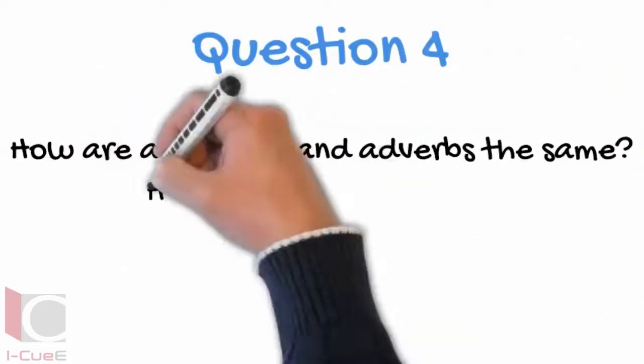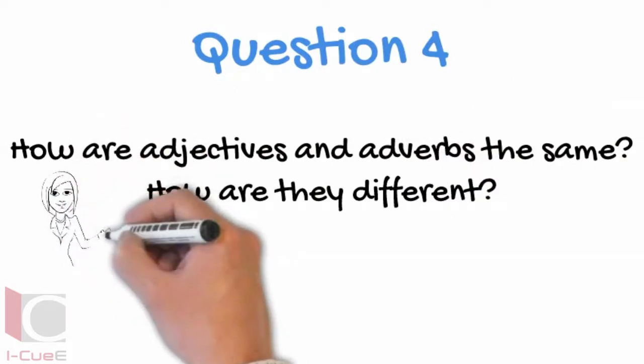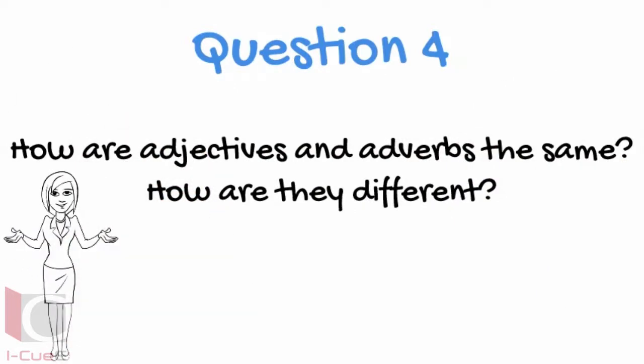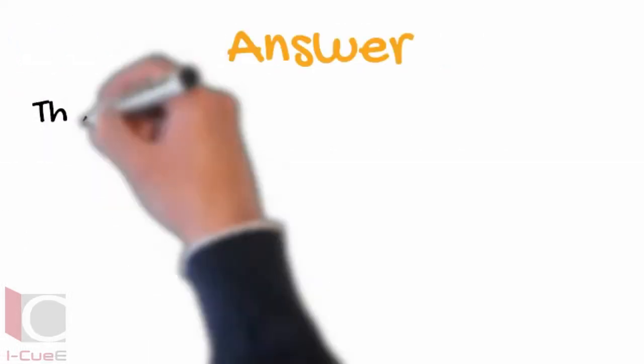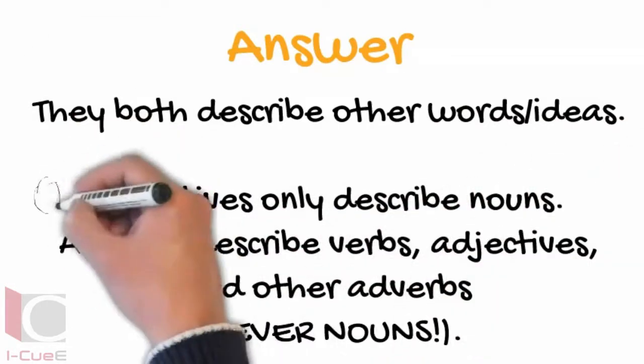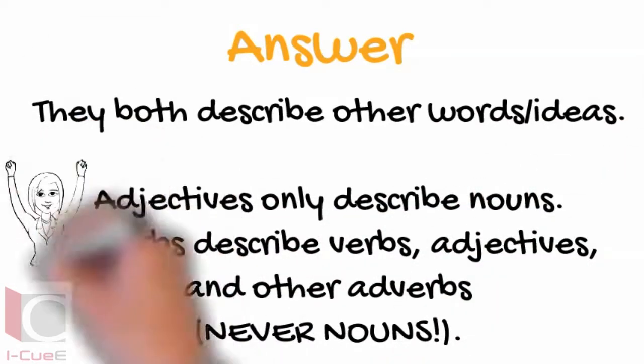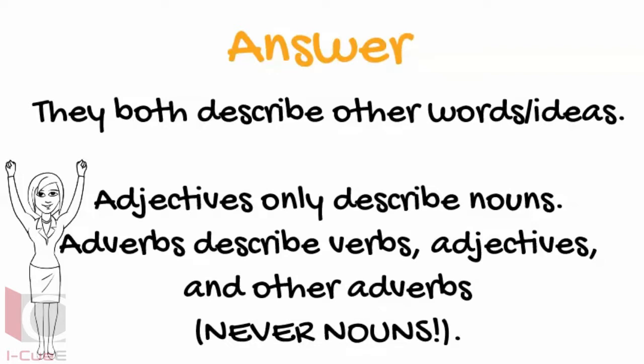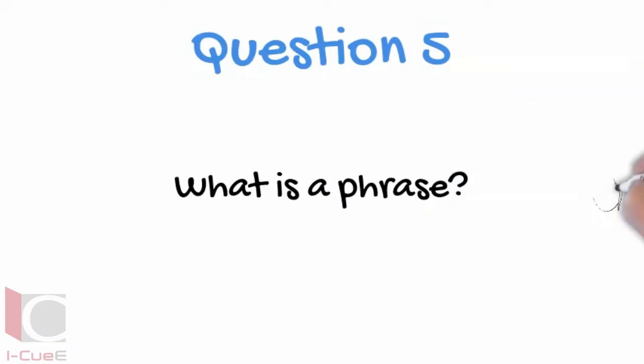How are adjectives and adverbs the same? How are they different? They both describe other words or ideas. Adjectives only describe nouns. Adverbs describe verbs, adjectives, and other adverbs, never nouns. What is a phrase?